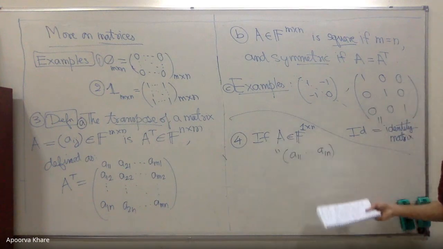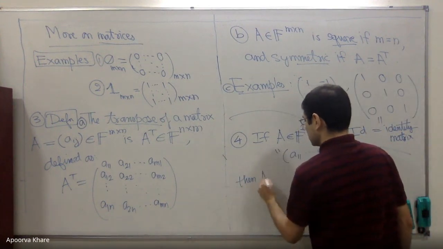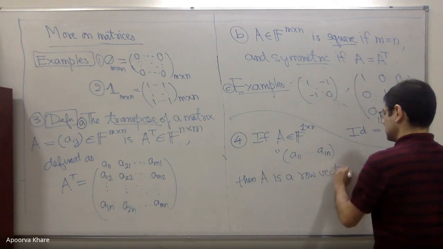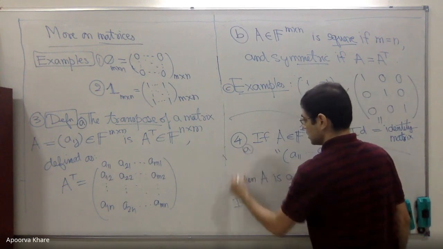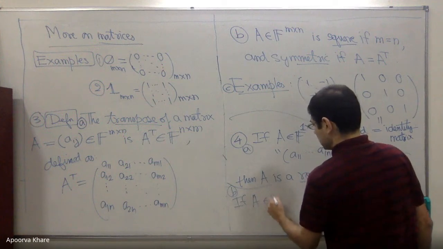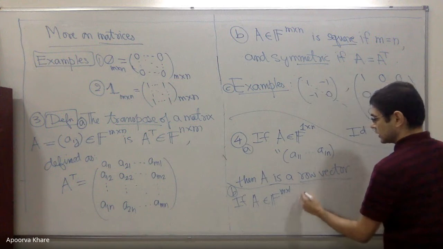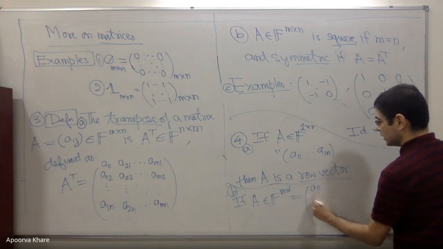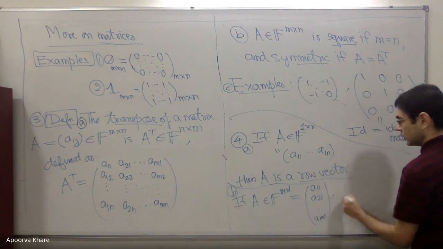Then this is called a row vector. And if A belongs to F to the m cross 1, say A equals A11, A21, through Am1, then A is a column vector.